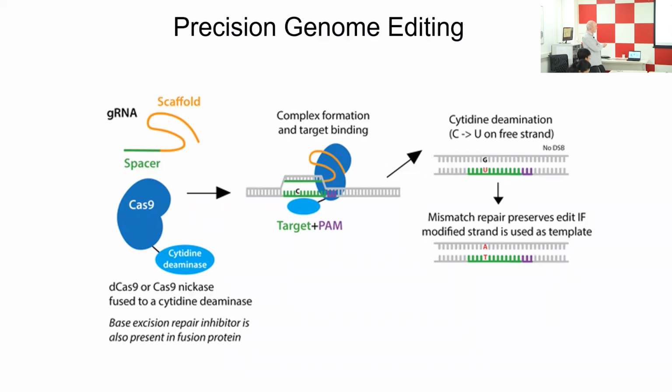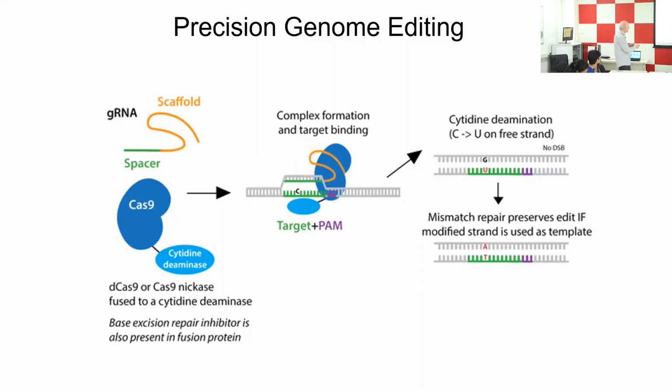So what happens is that now you have a complex protein that on the one hand is able to recognize a specific sequence in DNA, but on the other hand, in the proximity of where the complex goes, the cytidines that are accessible to the cytidine deaminase will be converted into T's, okay? So C will go to U, and then you will have a specific change there.